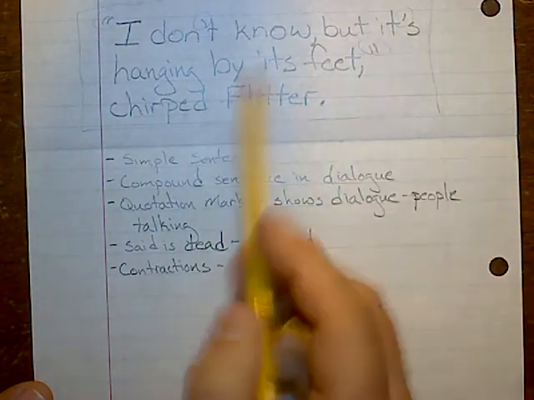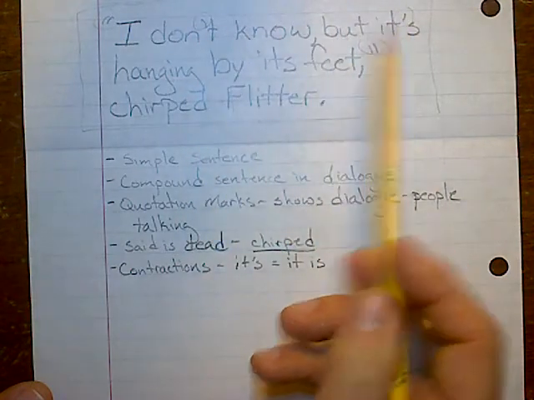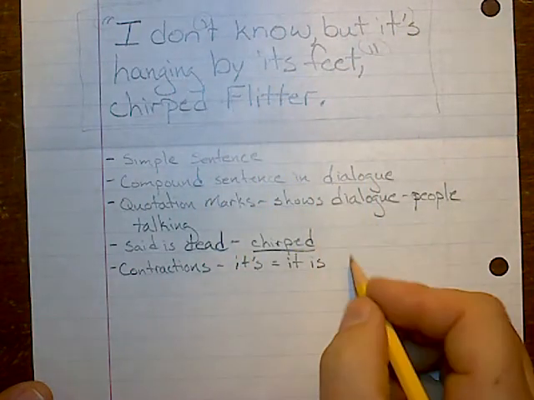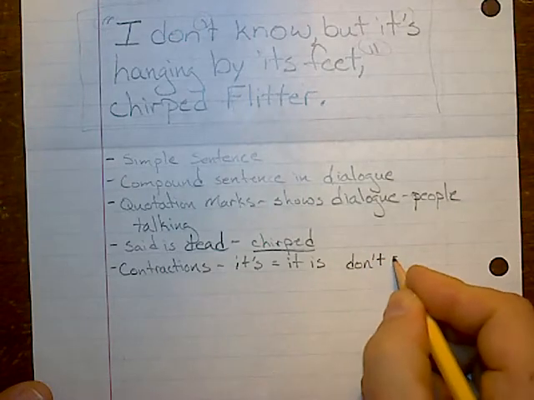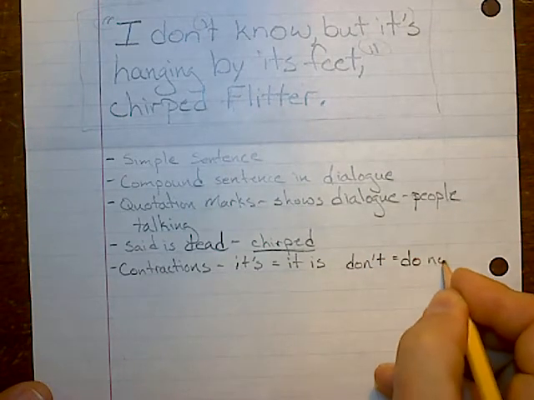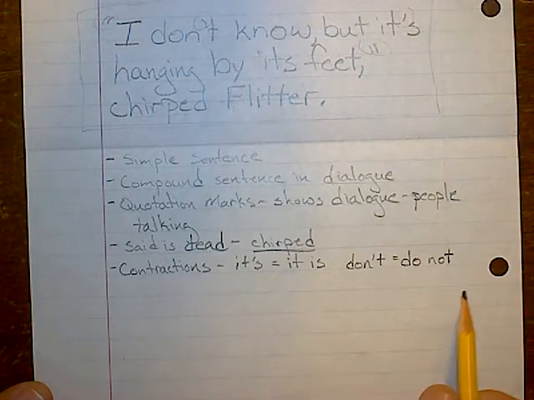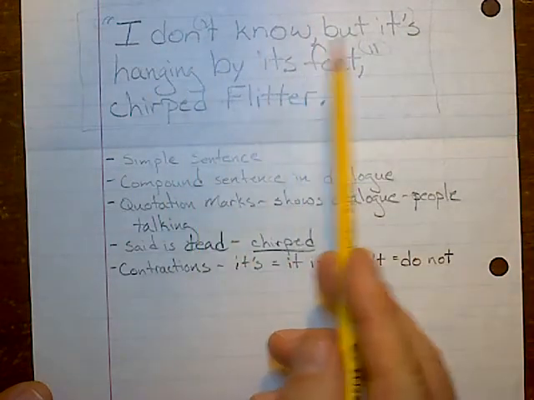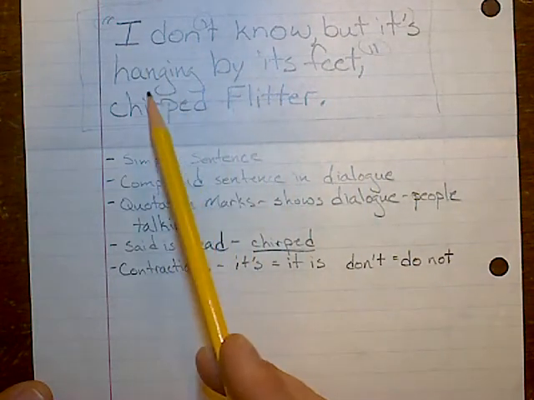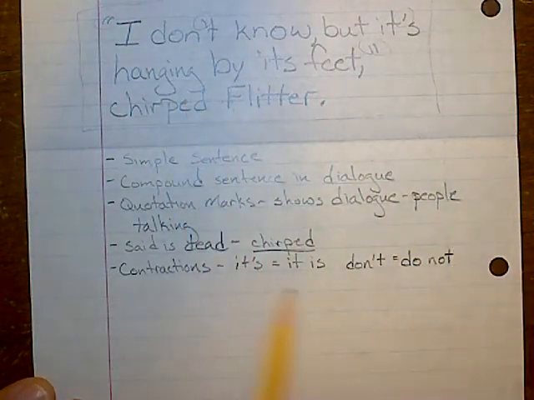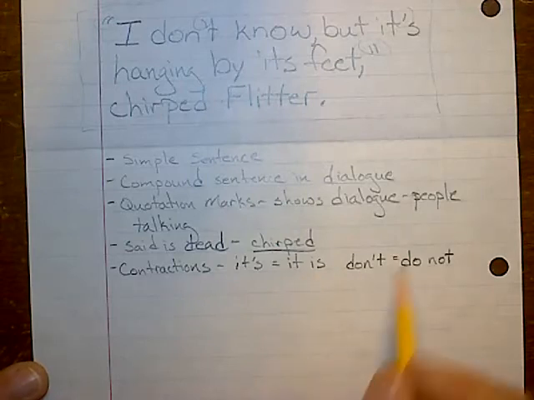So here we can say, I don't know, but it is hanging. And don't is do not. All right. So I do not know, but it is hanging by its feet becomes I don't know, but it's hanging by its feet. So those are two contractions in there.